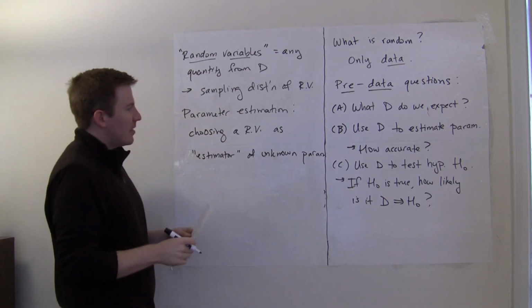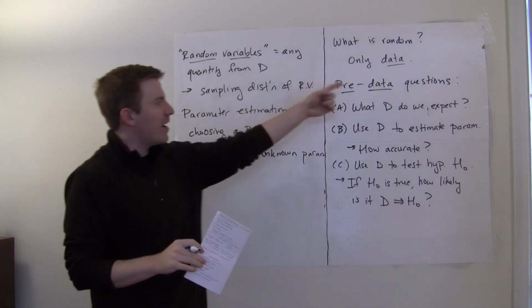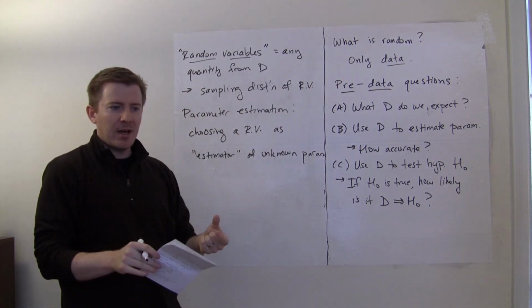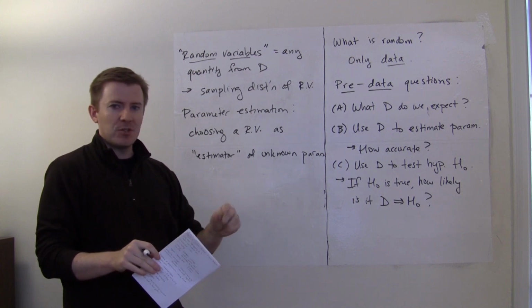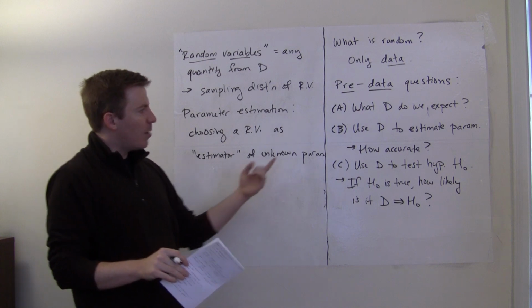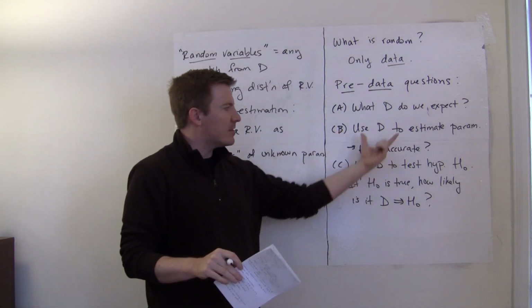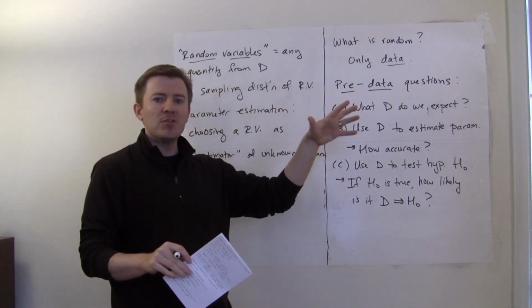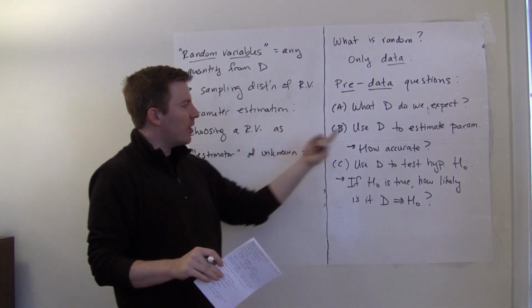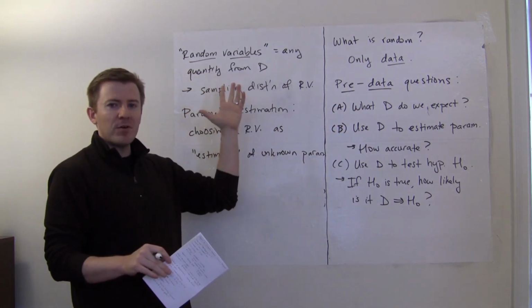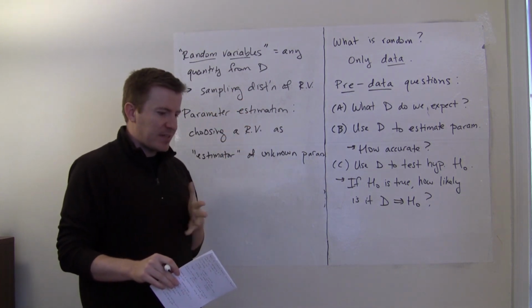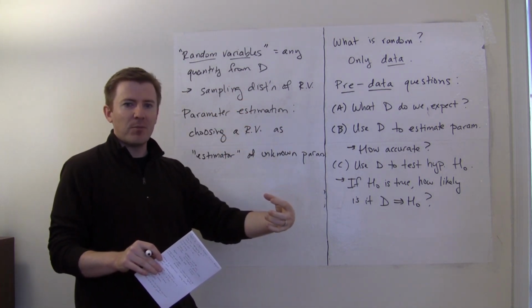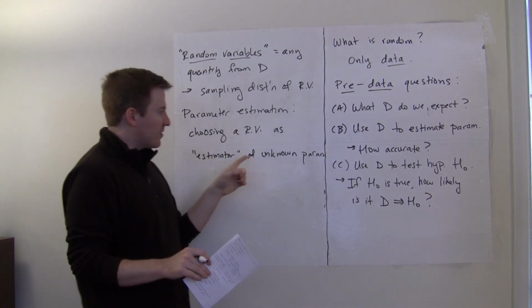But the idea is, we can quantify the data in any kind of summary way that we want, with any kind of summary statistic that we choose to calculate from it. Maybe that data depends in some way on some parameter that is unknown to us. So we're going to try to pick one of those functions of the data that should allow us to extract the value of that unknown parameter.